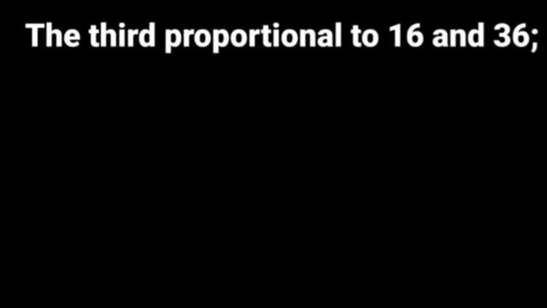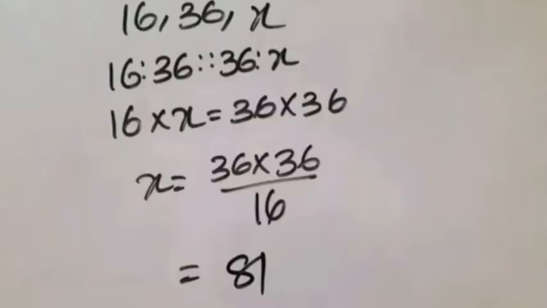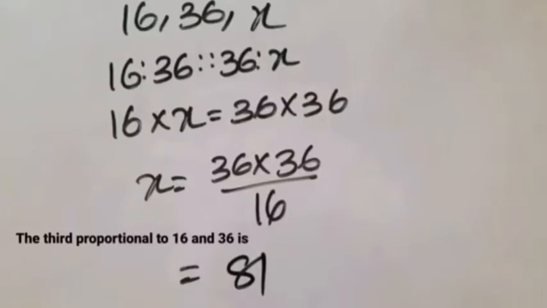Here it asks for the third proportional to 16 and 36. I also discussed the process previously. So let's treat A as 16 and B as 36 and treat C as simply x. So 16, 36, x. If you take the product of means is equal to the product of extremes, then we get the x value.